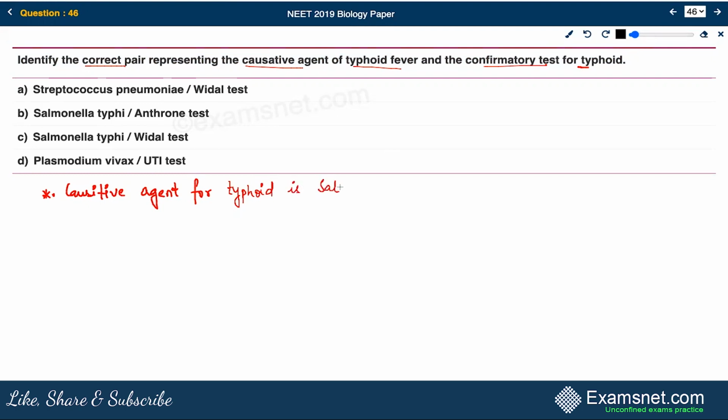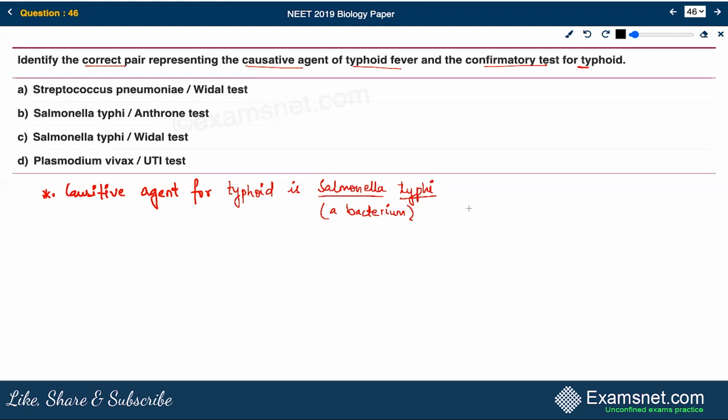So that is Salmonella typhi. All right, so this is actually a bacterium species that causes the typhoid disease.